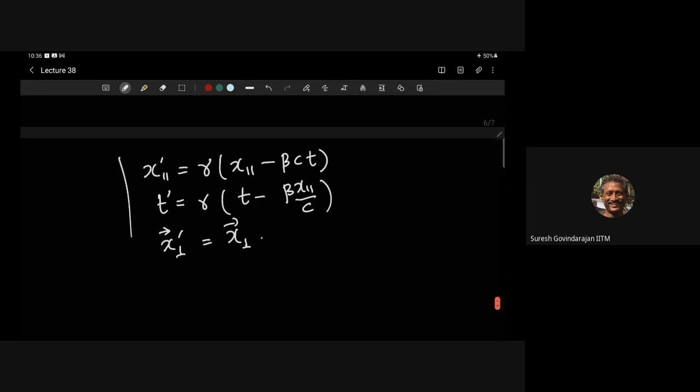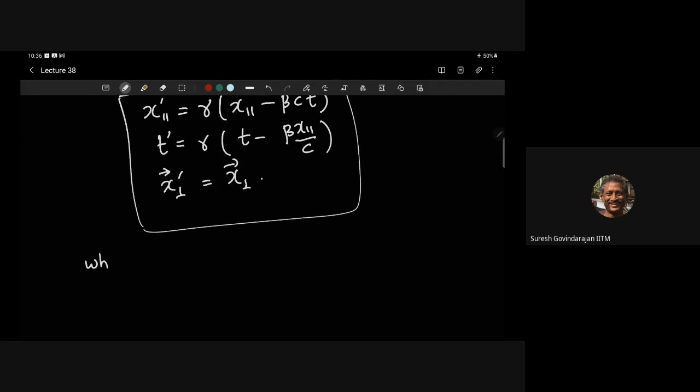So this is the full Lorentz transformations, where x parallel is parallel to the direction of the boost.